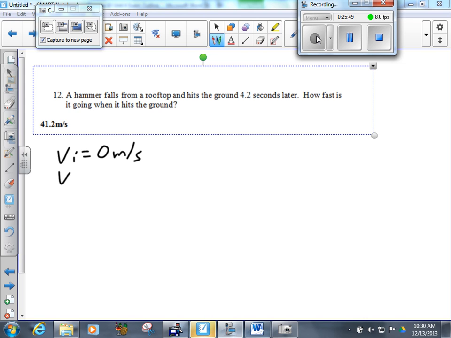We don't know what VF is. That's what the question asked for. So if I have VI and VF, this formula right here is out, because that formula only works when something travels at a constant speed. A falling object does not. What rate does a falling object accelerate at?